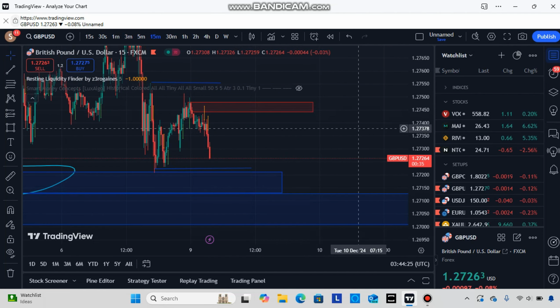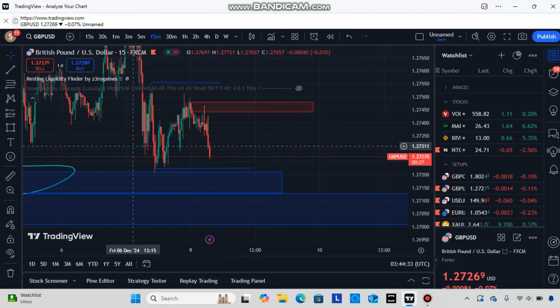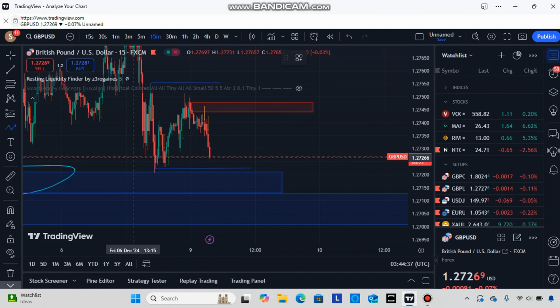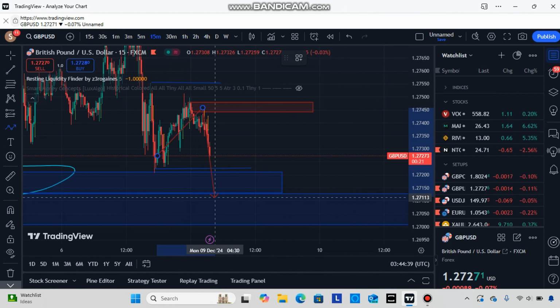Because for confirmation of a seller, you gotta look at it to break the lows, come back up, break the lows again, and then it should move lower. Let me explain. It could break it all the way, come down here to this zone, then buy back up. Depends. I don't know. I don't try to predict. I try to react to the market.